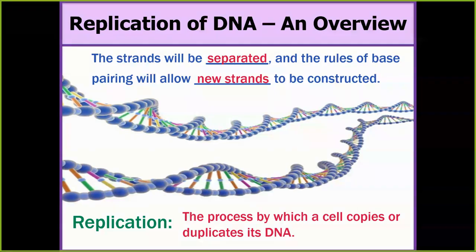But again, these are the cells, the gametes, the cells responsible for sexual reproduction. Either way, whether I'm going through meiosis or mitosis, I have to replicate my DNA first. And the first step of that is that we have to be able to separate the strands and then use the rules of base pairing to build new strands.